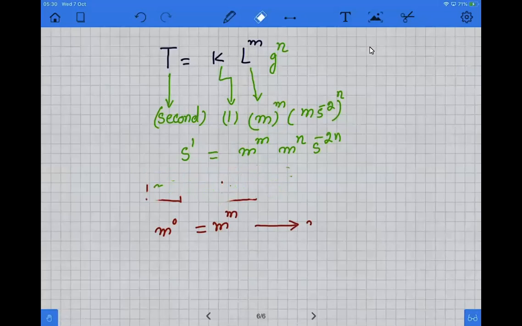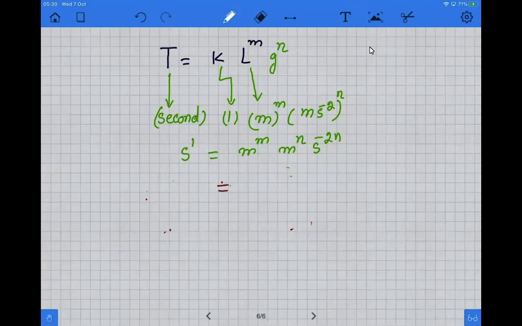So however on the left side meter is missing. On the right hand side, the base is the same, so the powers will be added. On the left hand side, it is second power 1. Here it is second power minus 2n.